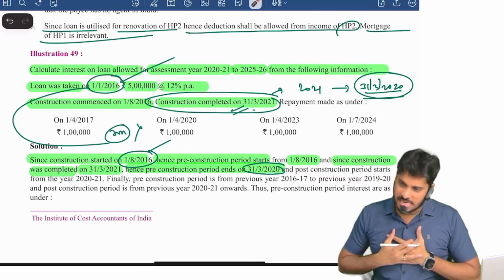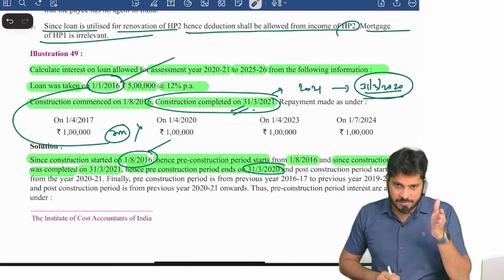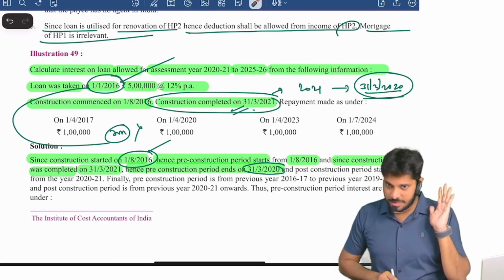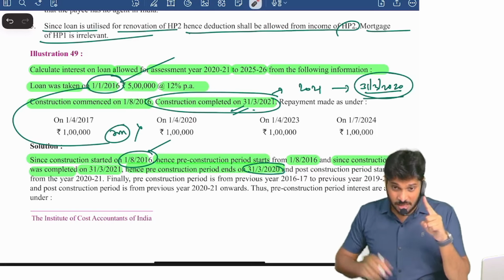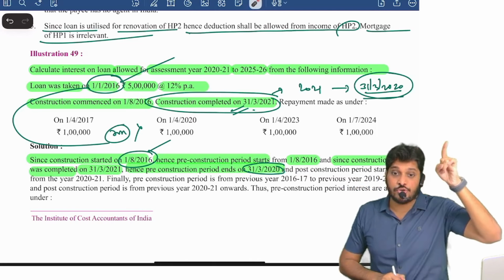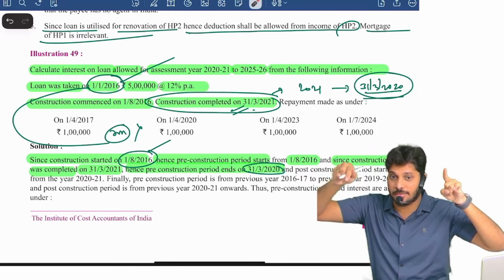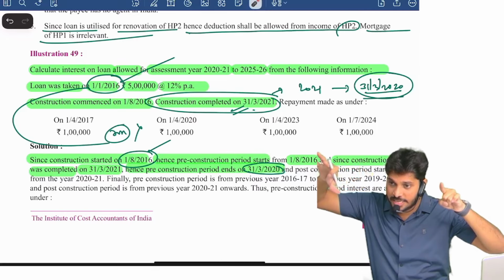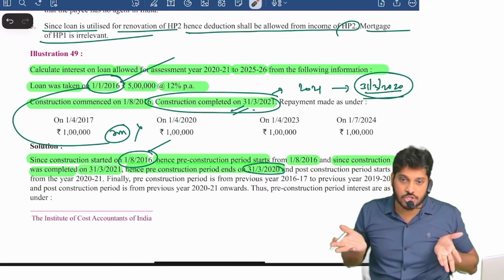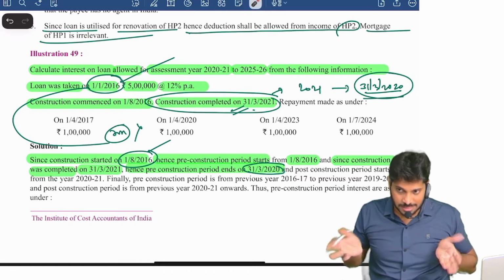In reality, I will tell you, whenever we borrow the loan, from that day we will start claiming deduction as capital, because even the provision is so clear: interest payable prior to the year of completion of construction. So in the year you completed construction, ignore that. Prior to that year, whatever interest is there, you can claim it as a deduction in 5 years.